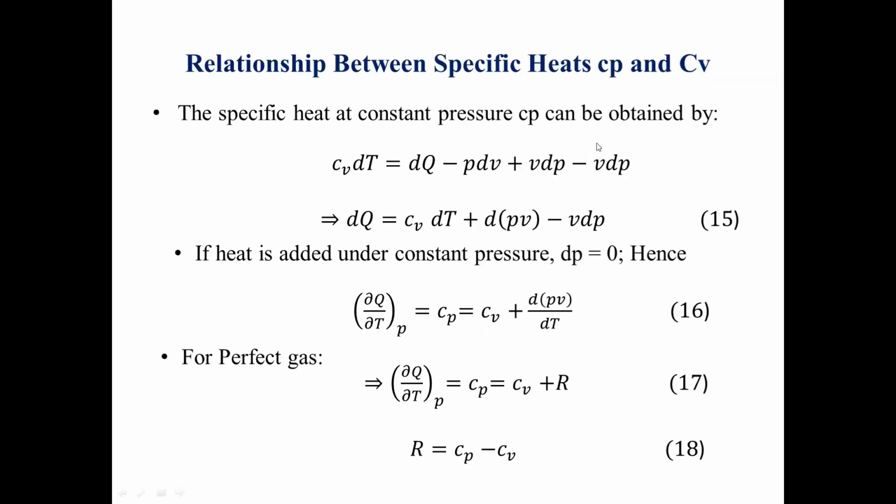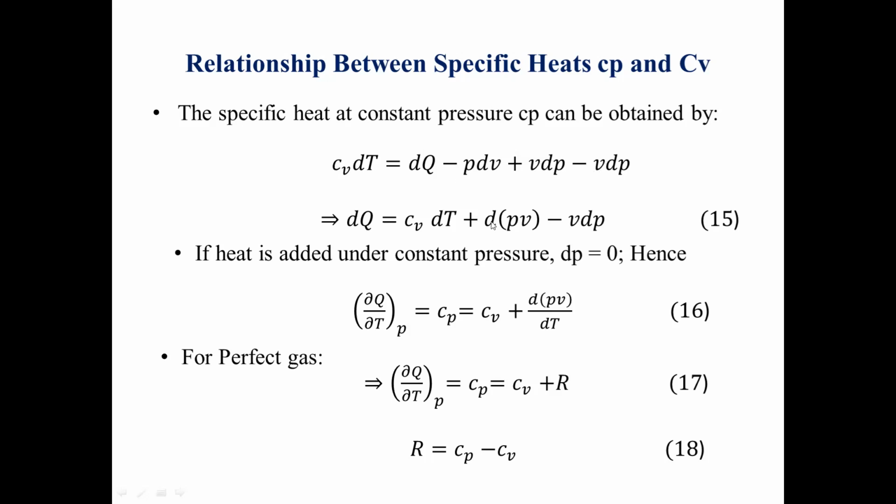So this is the thermodynamic relation actually. Another one is the Cp and Cv relation. For this, the specific heat at constant pressure, Cp, can be obtained from Cv dT, which equals dQ minus PdV plus VdP minus VdP.